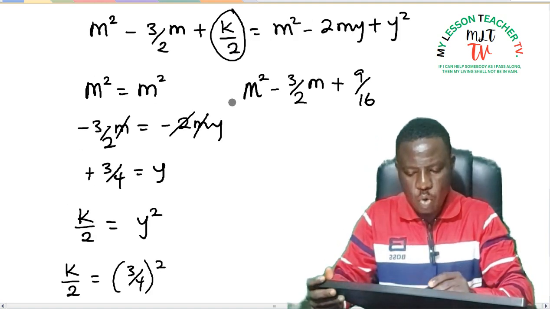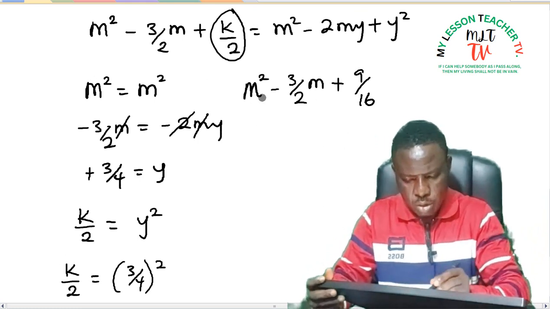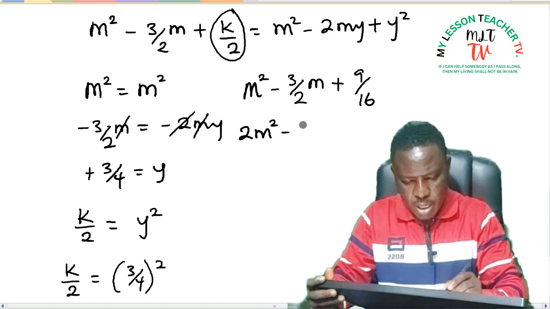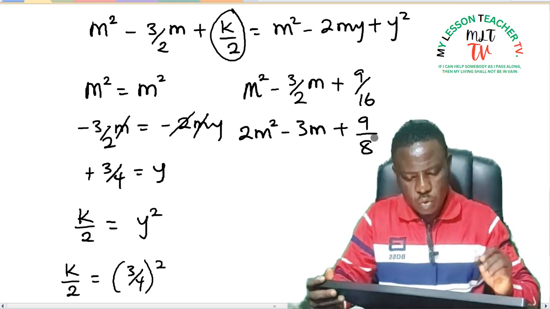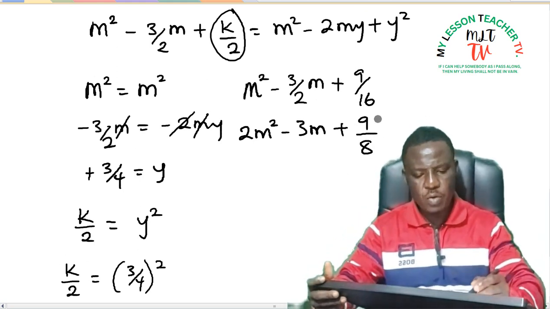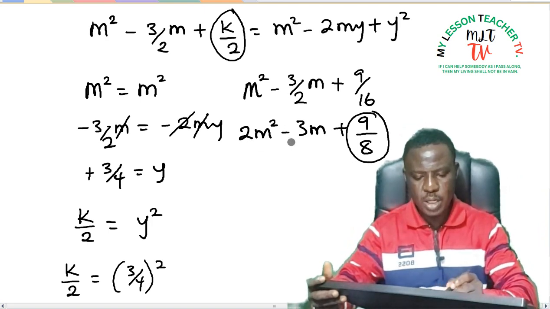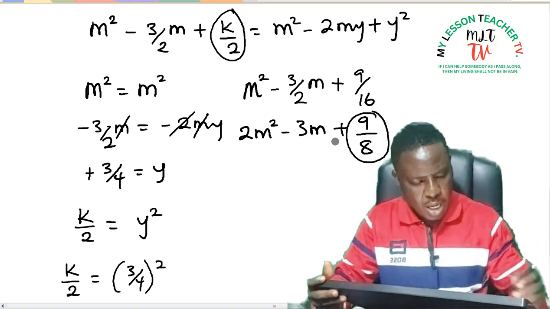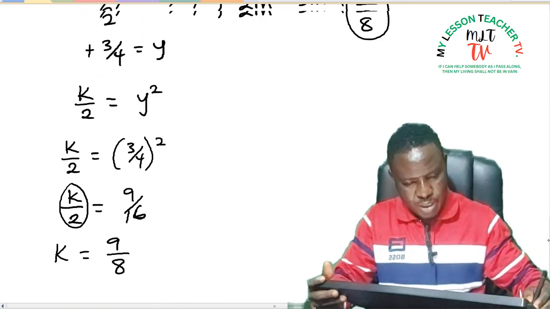So we need to multiply the whole expression back by 2 to get back to the original expression. This becomes 2m squared minus 3m plus 9 over 8. So what this means is that 9 over 8 must be added to 2m squared minus 3m to make it a perfect square. And the question says, hence, we should factorize completely.